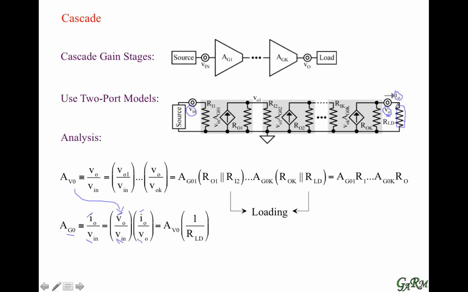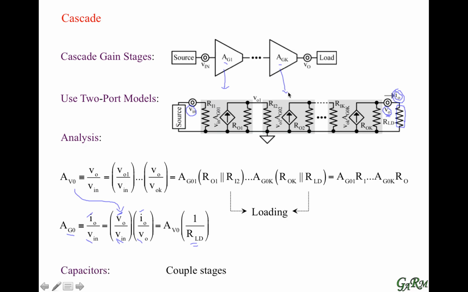In other words, the output voltage divided by that resistance gives us the output current, and that's the 1 over RLD here. So again, we can get any gain we desire. This just shows the usefulness of two-port networks, because once we map each transistor gain stage into an equivalent two-port network, we can apply the conclusions of two-port networks to get the gain of the overall circuit.